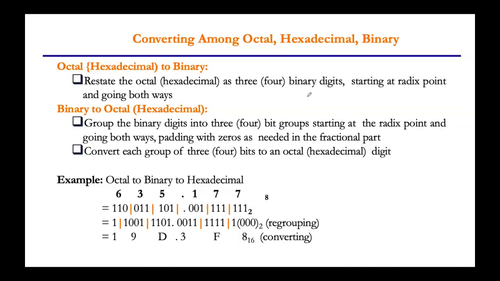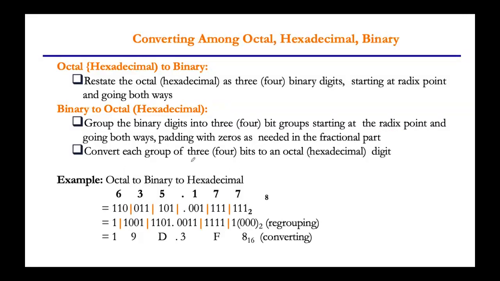This is done by starting at the radix point and going both ways. For binary to octal or binary to hexadecimal, group the binary digits into 3 or 4 bits: 3 bits for octal, 4 bits for hexadecimal, starting at the radix point and going both ways, padding with zeros as needed in the fractional part.